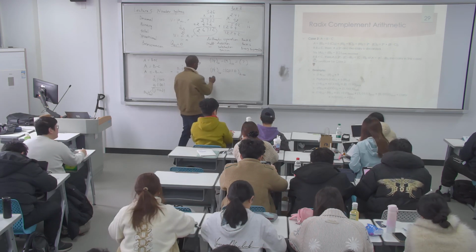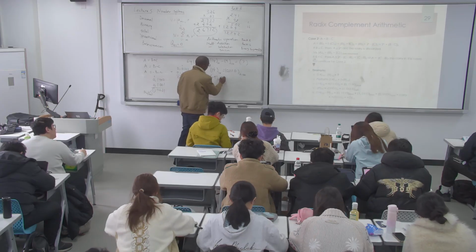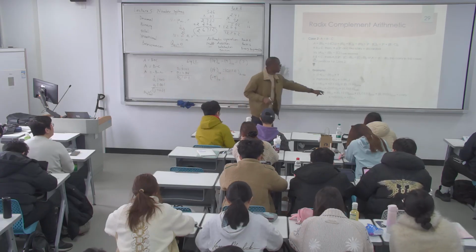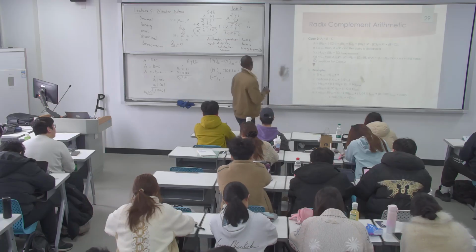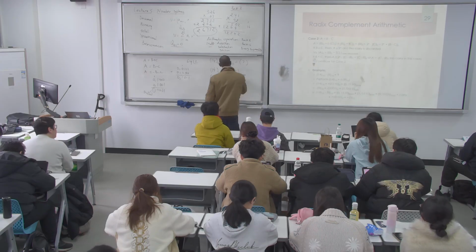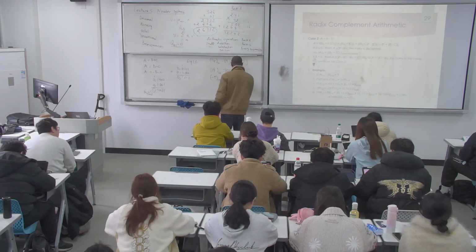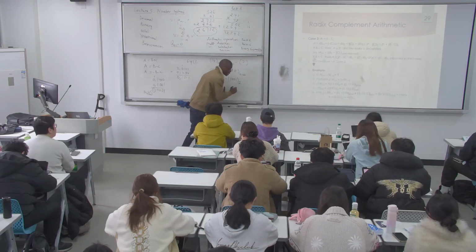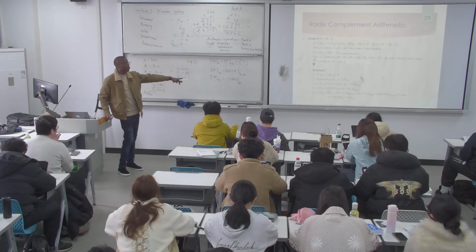Now we have minus 9. Minus 9 is 1, 0, 0, 1 in binary. Now, because this is a negative number, we need to find the 2's complement of 9.